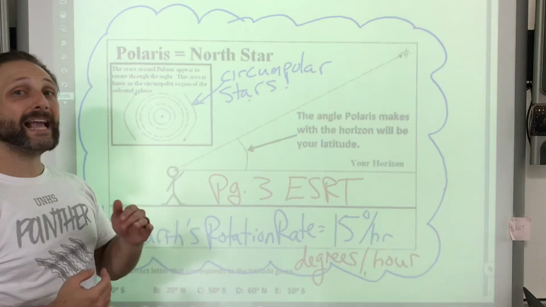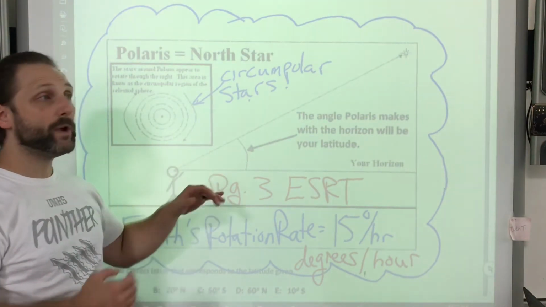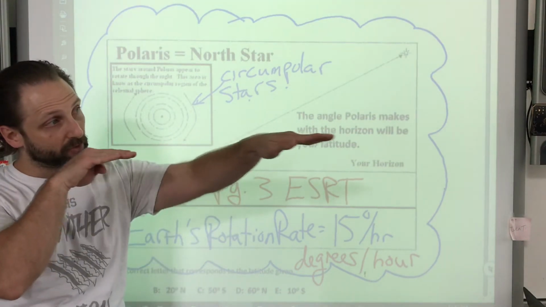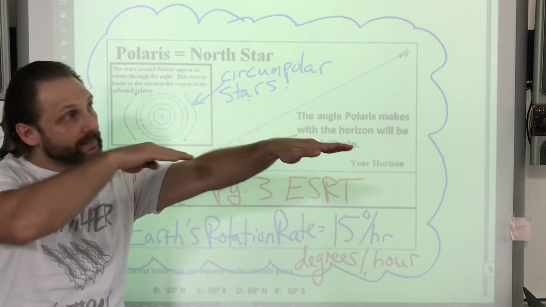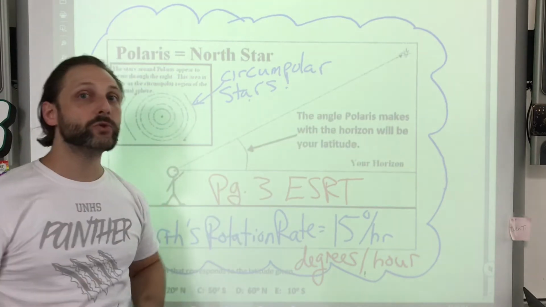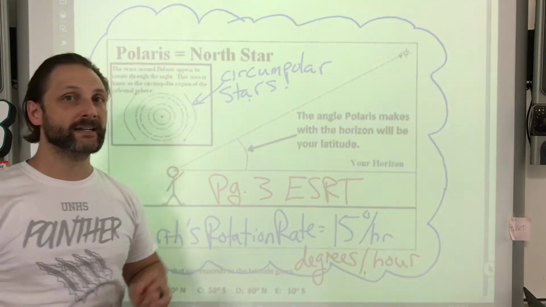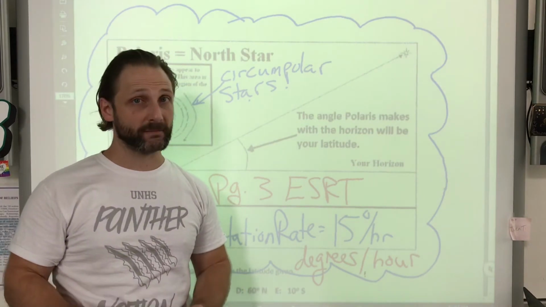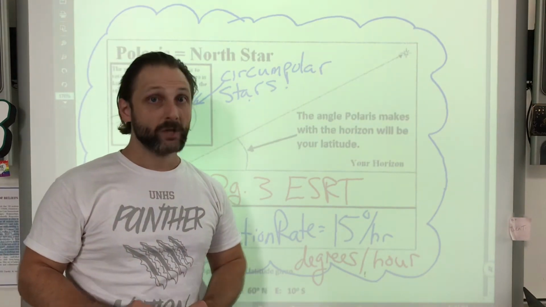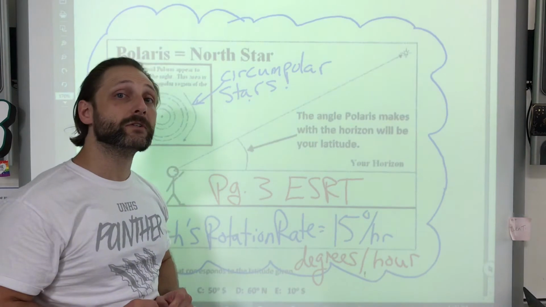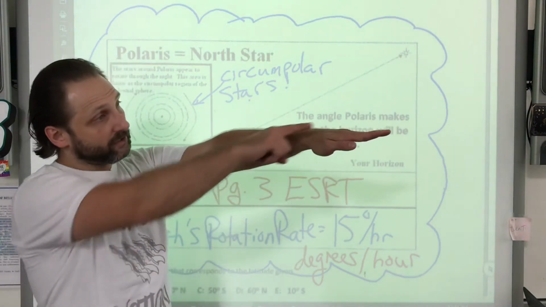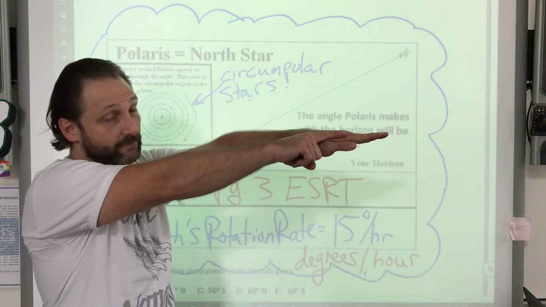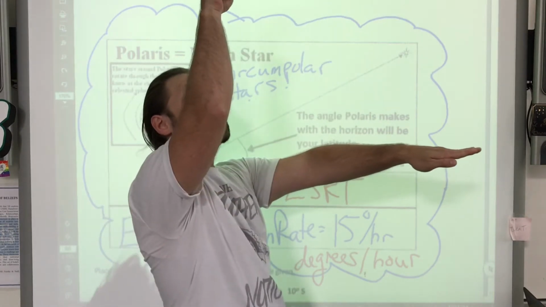Also, the angle of Polaris with our horizon, which is the furthest place we can look, is equal to your latitude on a map in the northern hemisphere only. So that means at the equator being 0 degrees latitude, Polaris is right on the horizon. If you are at the North Pole, it is directly overhead.